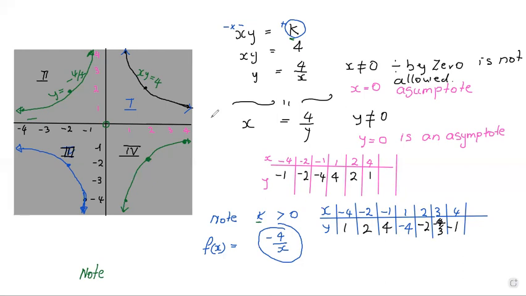We are going to shift the function in one direction or the opposite. Now let's see what happens if you have y is equal to 2 over x plus 1.